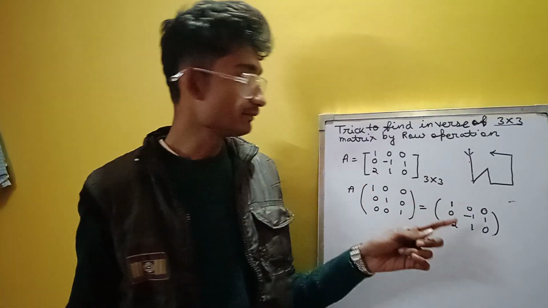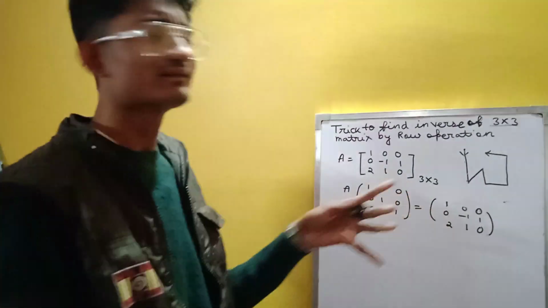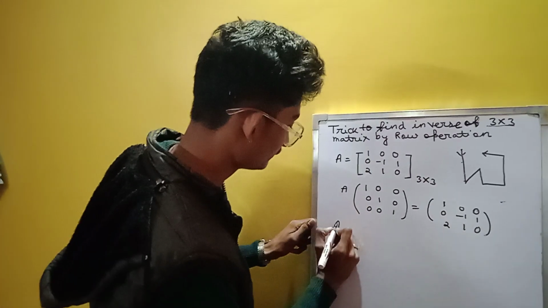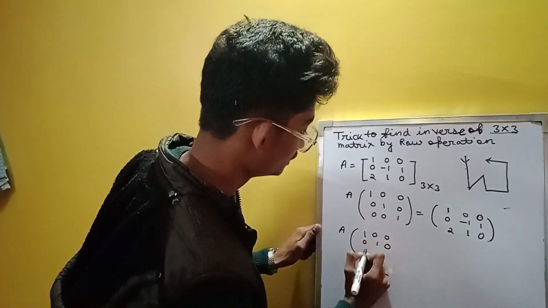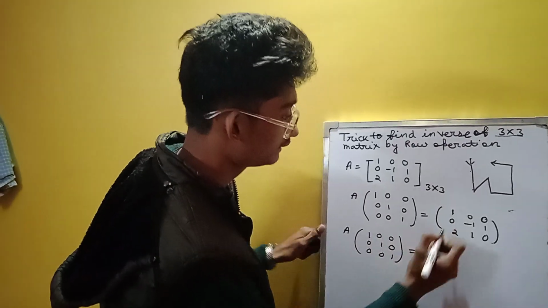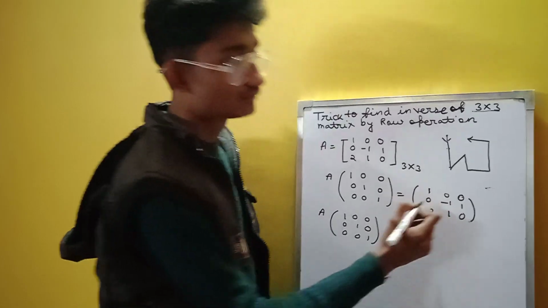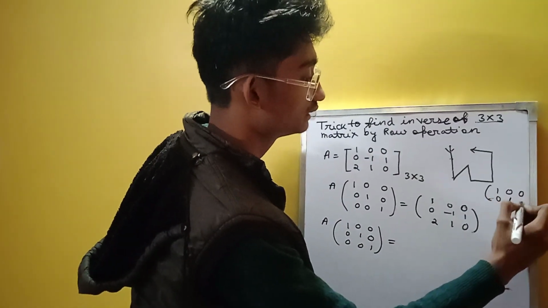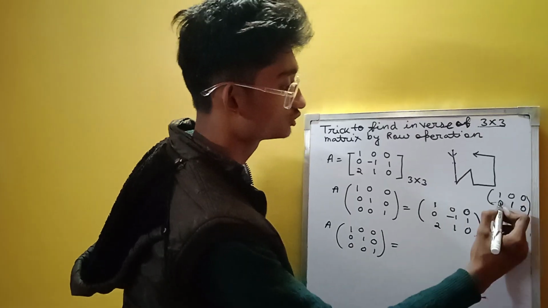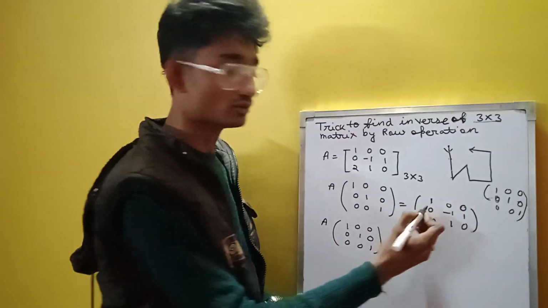It is already 1, so we are not bothered with it. Next target is this element. To make it the identity matrix, it should be made 0. It is already 0, so we don't have to bother with this element also.